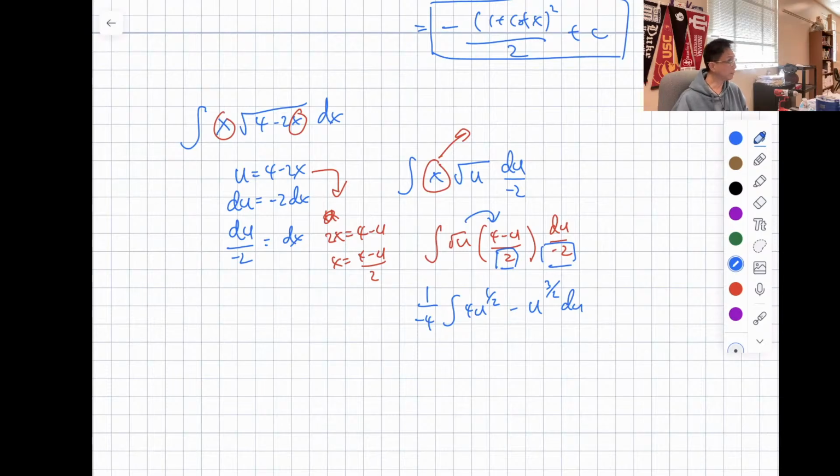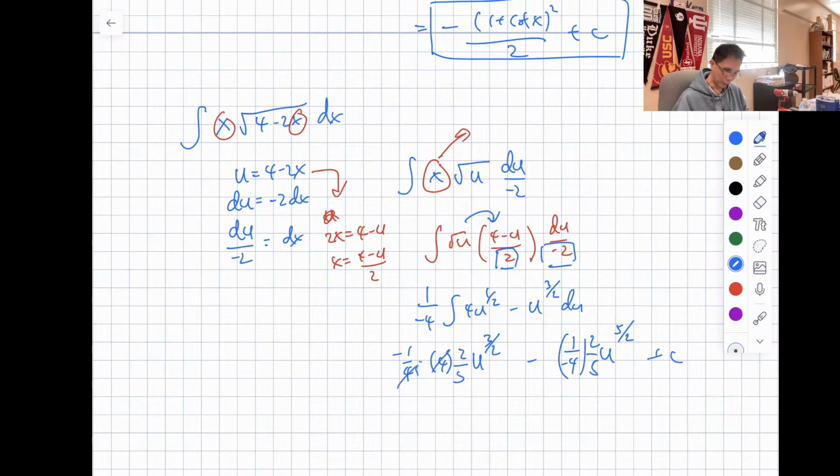Is that okay? This one is u to the 3/2 and 2/3 times 4 times -1/4, minus u to the 5/2, 2/5, and 1/4. Because that -1/4 is going to distribute to both.